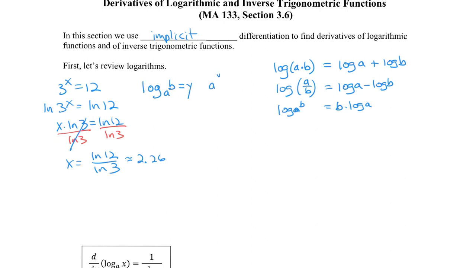So a to the y equals b. So you have a logarithmic equation and an exponential equation, and they're equivalent. Okay, so sometimes you'll see something like this, like a biconditional statement in there. So let me run through these by you guys and just make sure you're okay here.